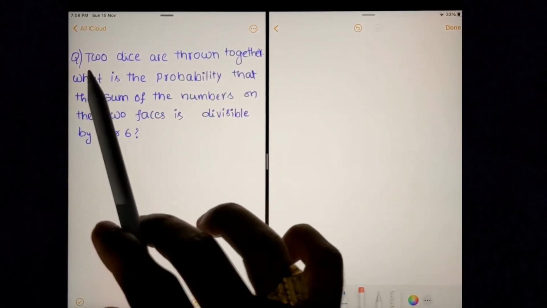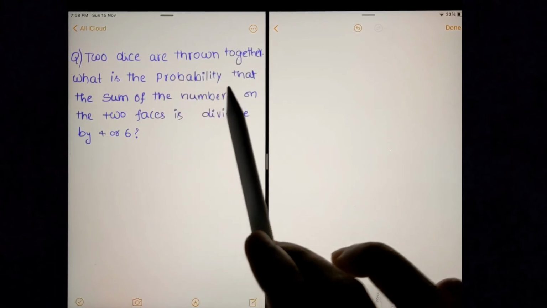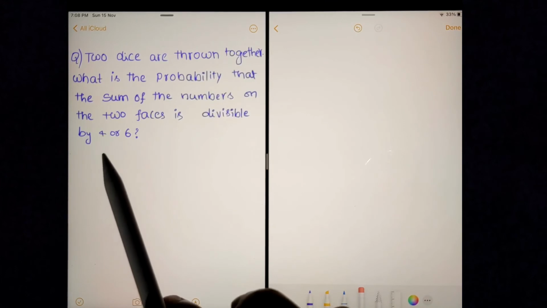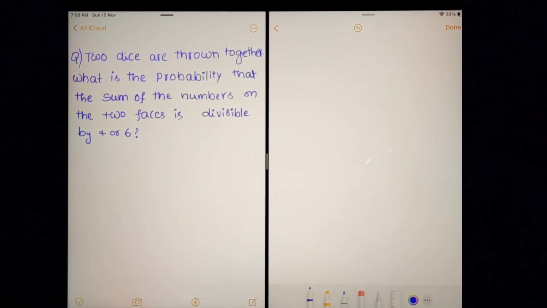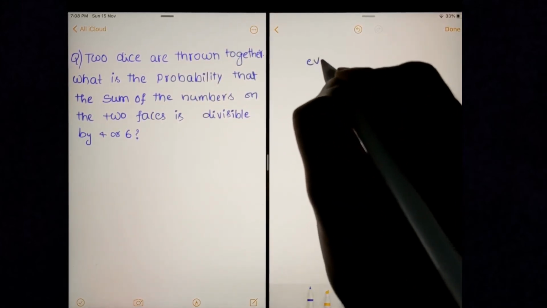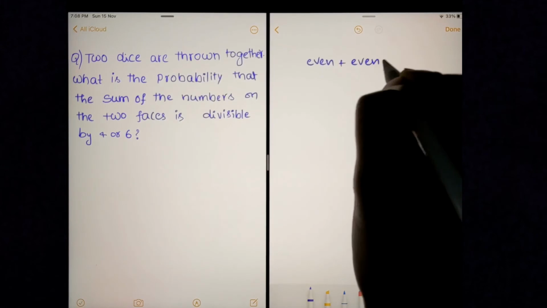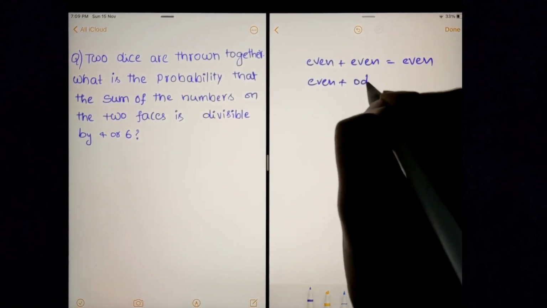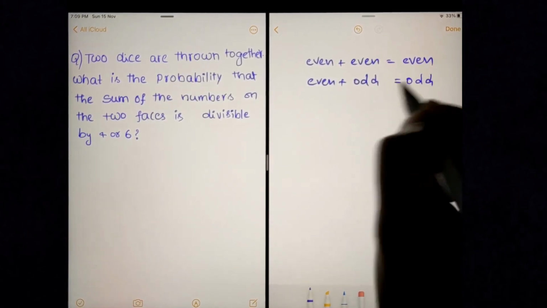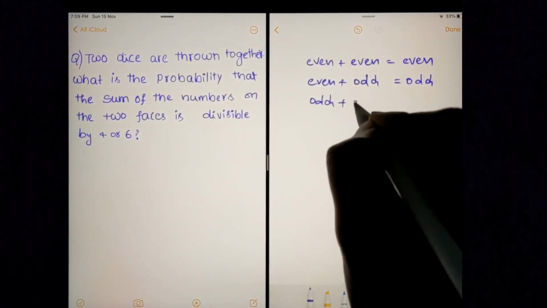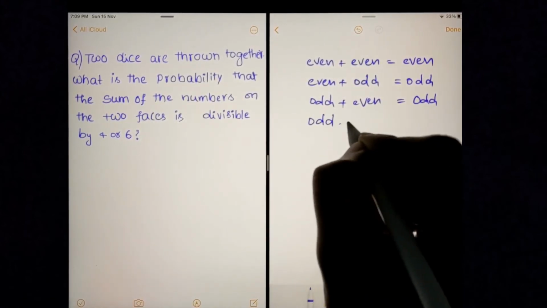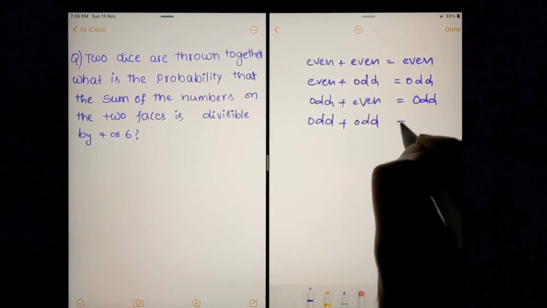Okay, next question. Two dice are thrown together. What is the probability that the sum of the numbers on the two faces is divisible by either 4 or 6? Before solving this problem, we need to know some rules, that is even plus even is even, and even plus odd is odd, and odd plus even is odd, and odd plus odd is even.